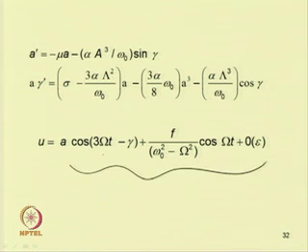The free vibration part, A cos 3 omega t minus gamma, shows that the response will be periodic with a frequency 3 times that of the external frequency, and this part is due to the forced vibration of the system.